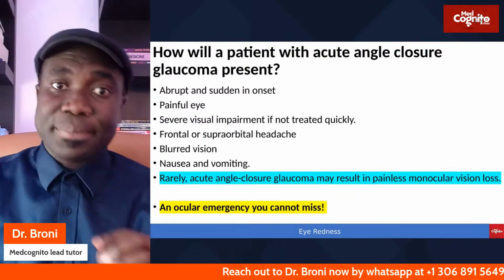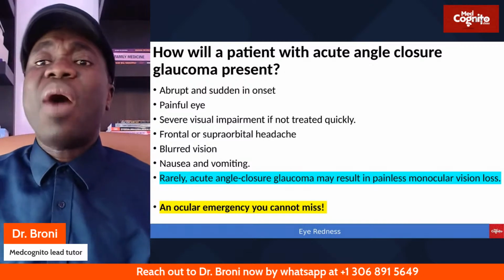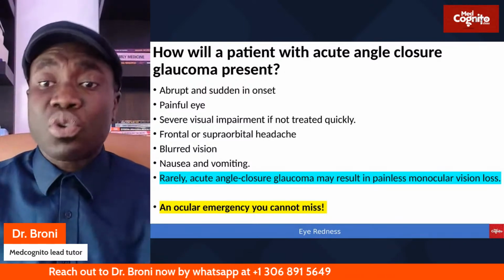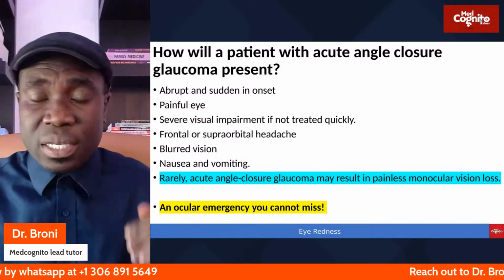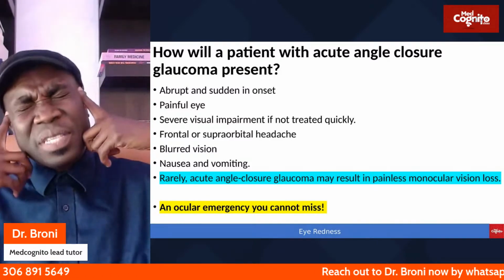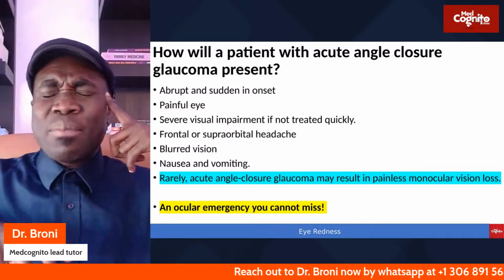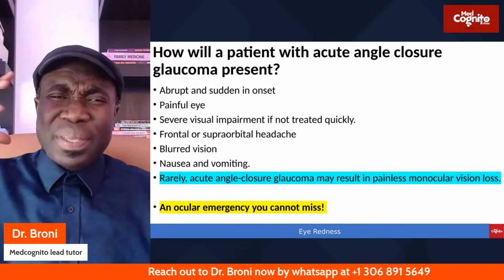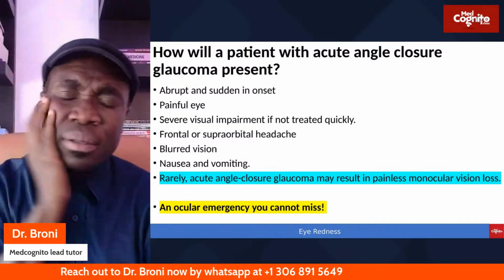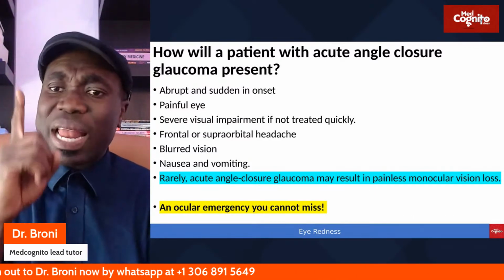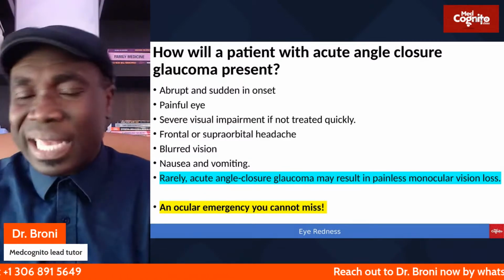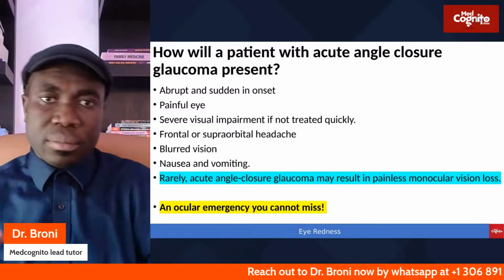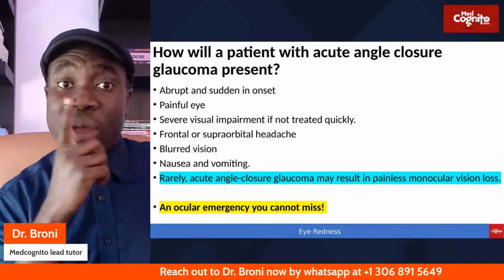All right. Now, how will a patient with acute angle closure glaucoma present? Think about it. The patient was at a movie theater. As the movie was about to start, the patient started complaining of severe pain. So you realize that acute angle closure glaucoma starts abruptly, all of a sudden. That's the first thing you want to write in your book.